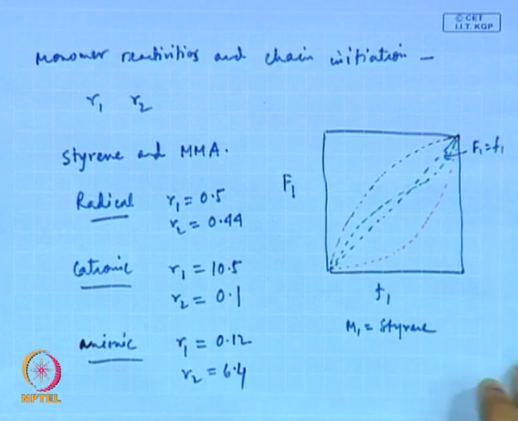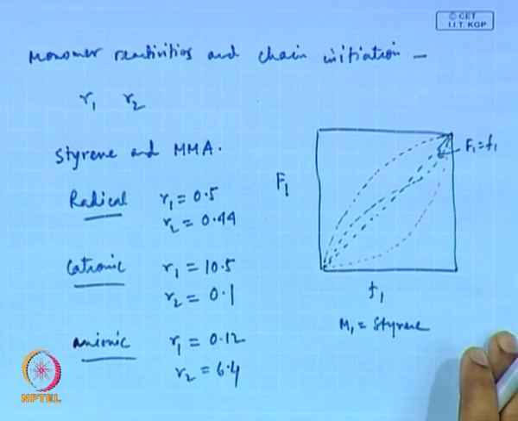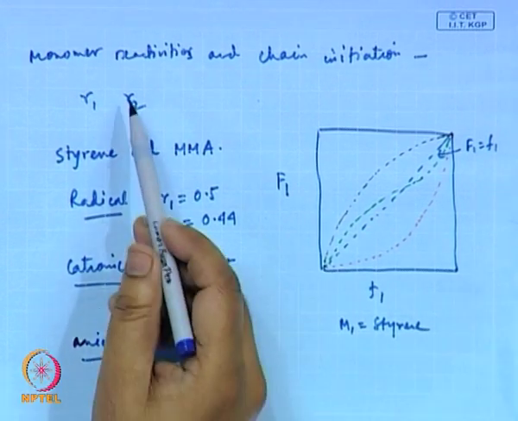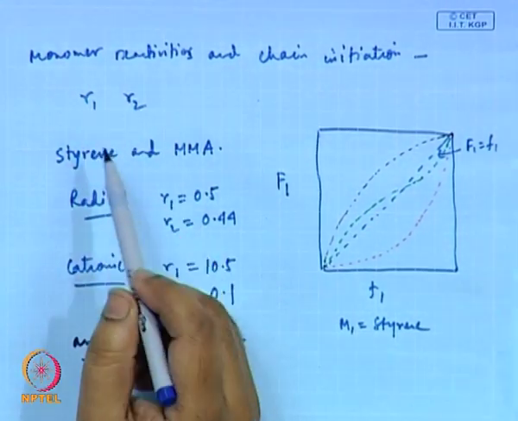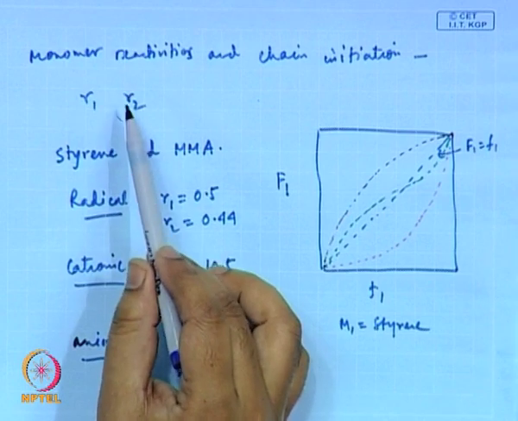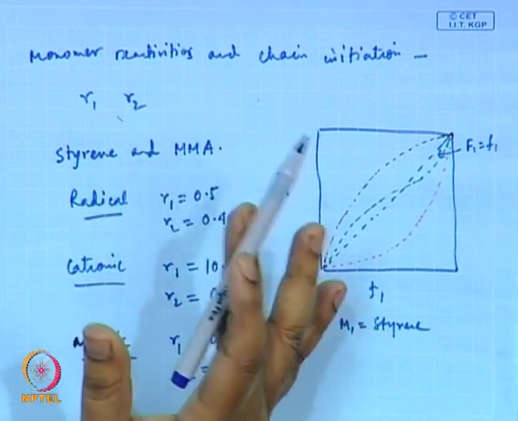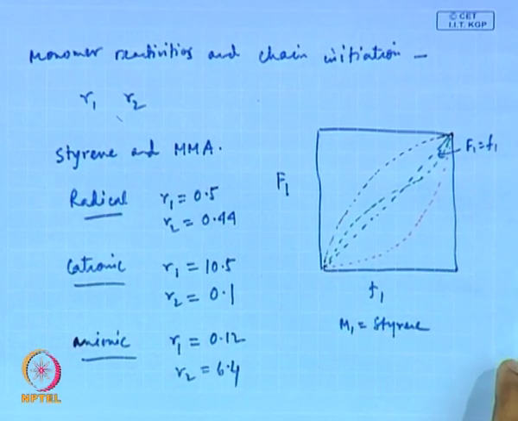So, this page shows that for a given radical reaction, these R1 and R2 values are almost the same; they do not change too much with reaction conditions like temperature and reaction medium.